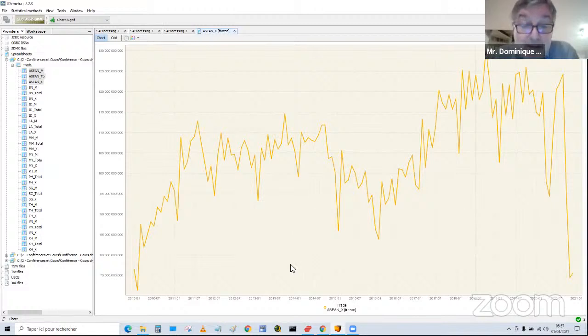We see here in February, and in February also. So we see the seasonality really well for the exports. It's much more regular than it was for the imports. For the imports, it was a bit tricky at the end of the series. So it looks more regular here, okay?